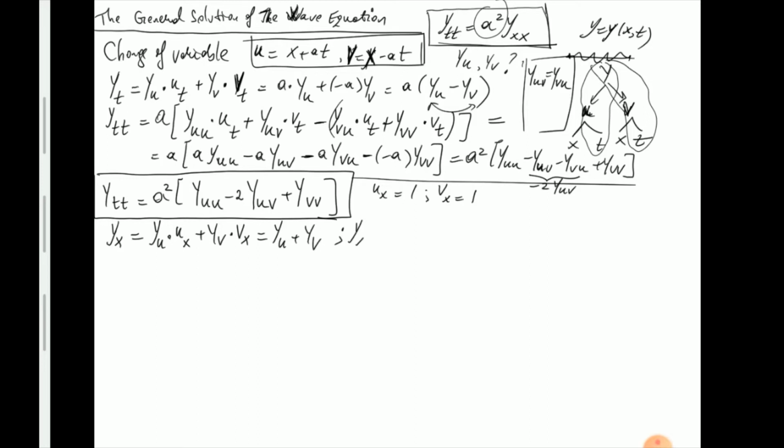One more time with respect to x, this is going to be yu u, right, times u partial x plus yu v vx, y vu ux, and then y v vx. Again, these are equal to 1, and these are equal as well, uv and vu.